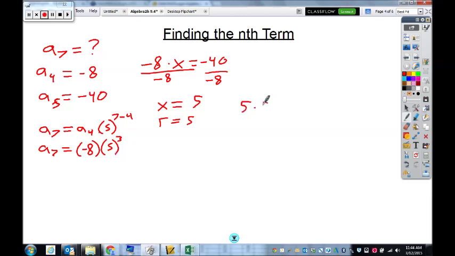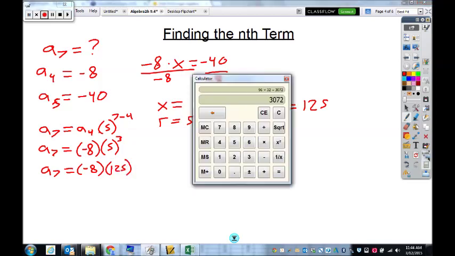Well, 5 times 5 is 25. 25 times 5 is 125. So a sub 7 equals negative 8 times 125. Okay, it's 1,000, but since one's negative, one's positive, it's going to be a sub 7 equals negative 1,000.